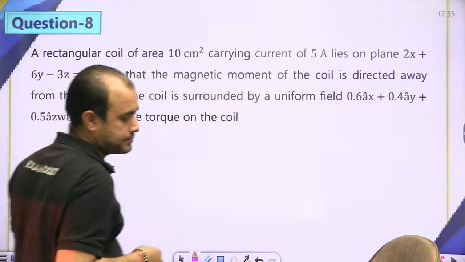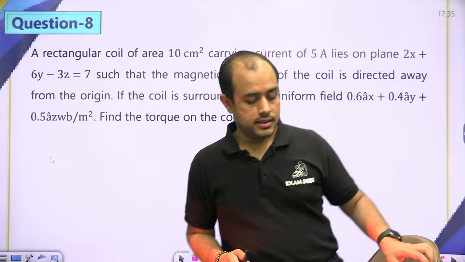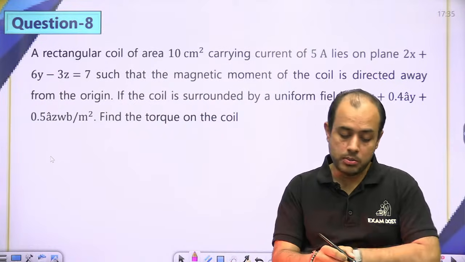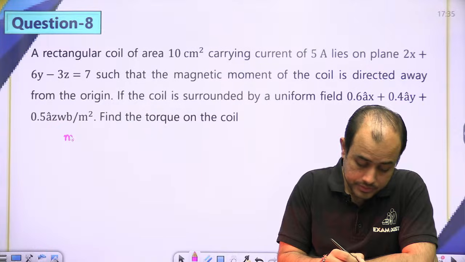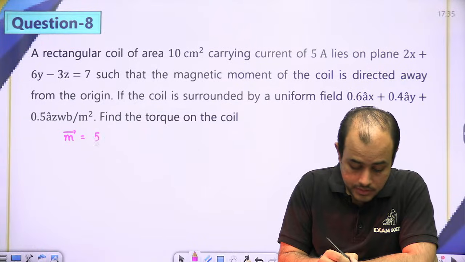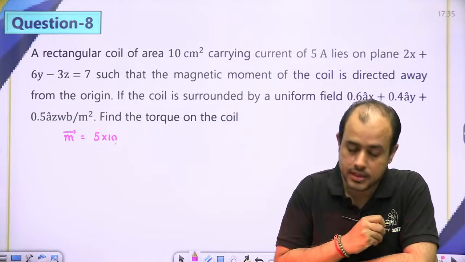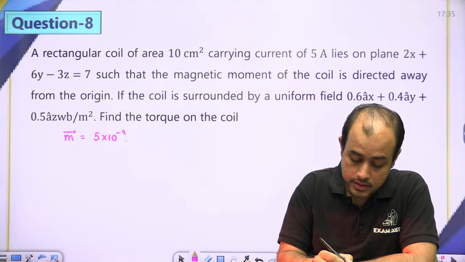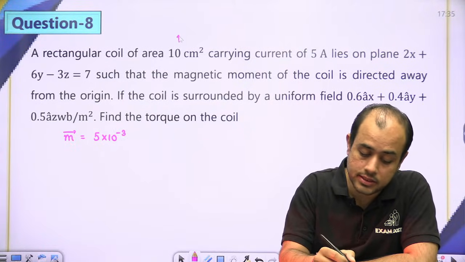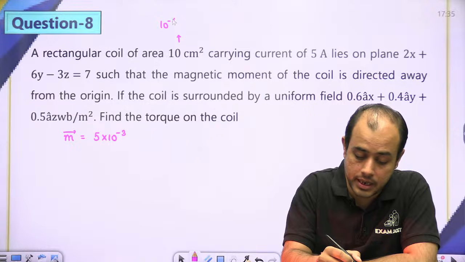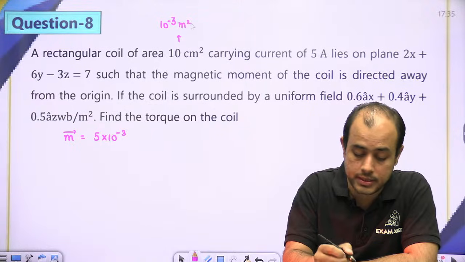आया भाई आंसर? देखो, the magnetic dipole moment, ठीक है, it is this. Area is 10 centimeter square, which is 10 to the power minus 3 meter square.